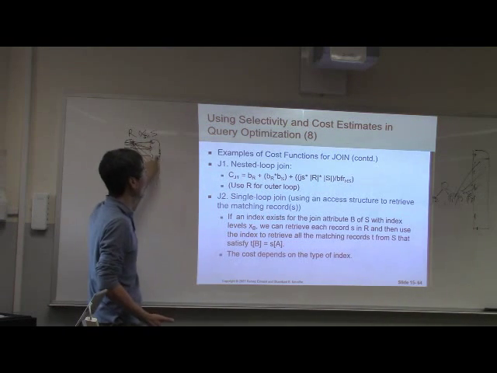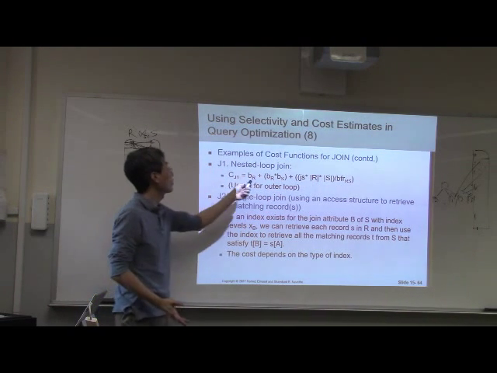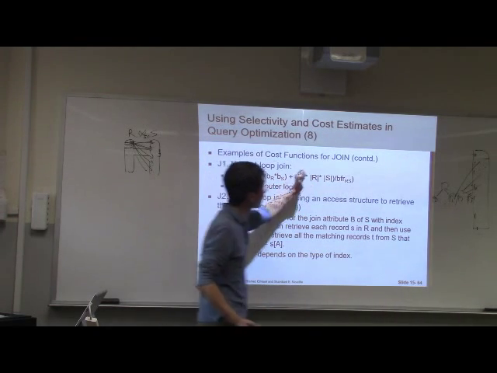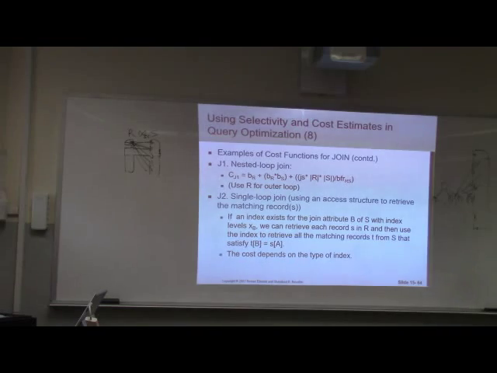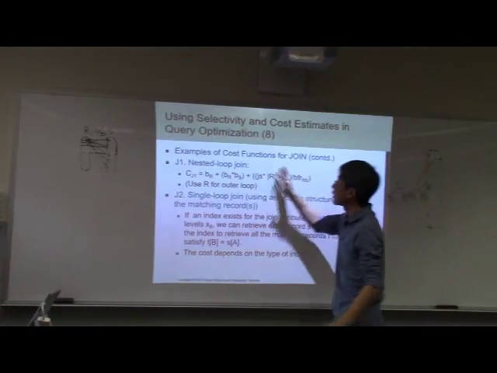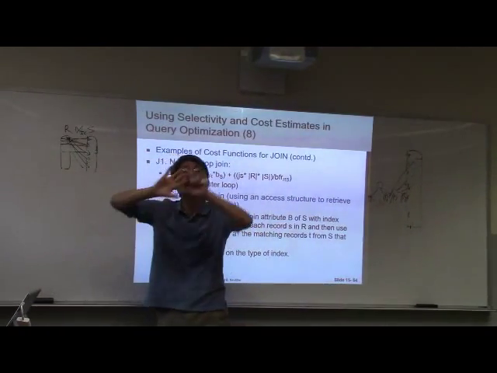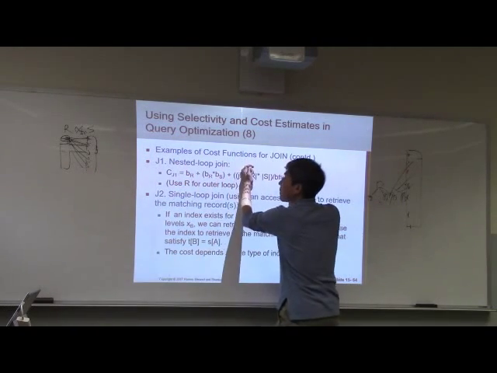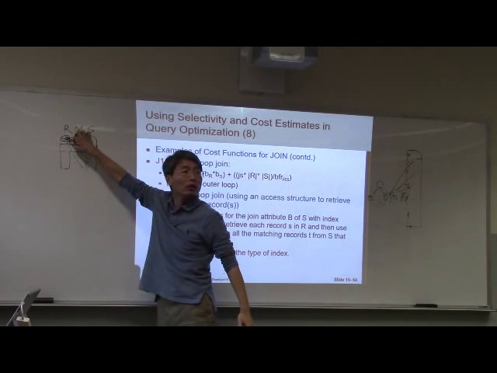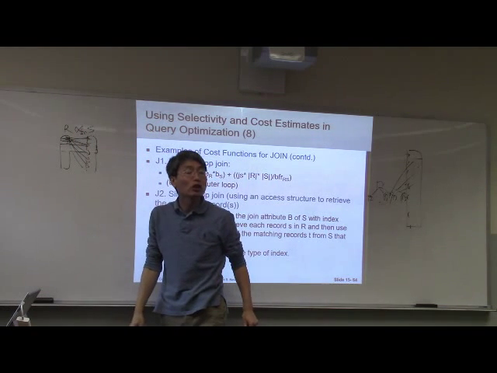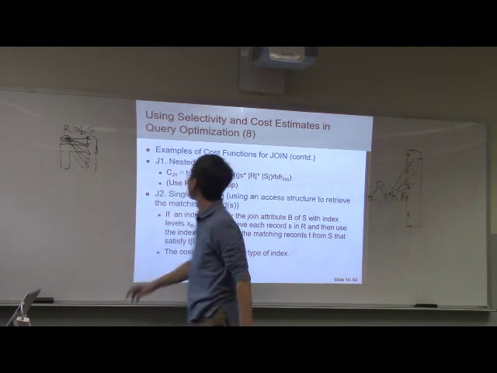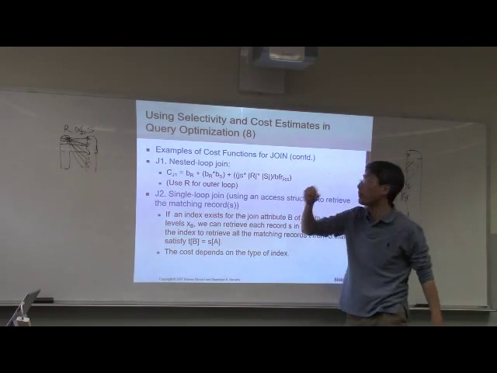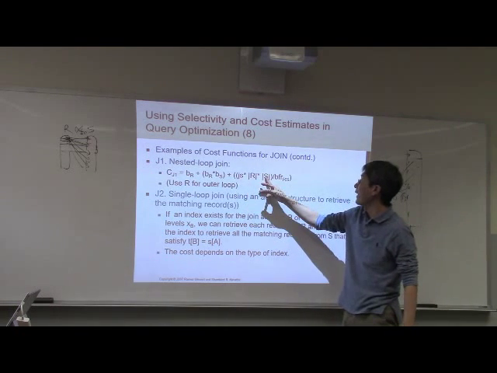So the cost is BR plus BR times BS. Then there is the join selectivity. If nothing matched, you don't need any other IO. However, if some of them matched, you need to keep such data by writing it. So that is the join selectivity percentage: how many of R and S are matched?